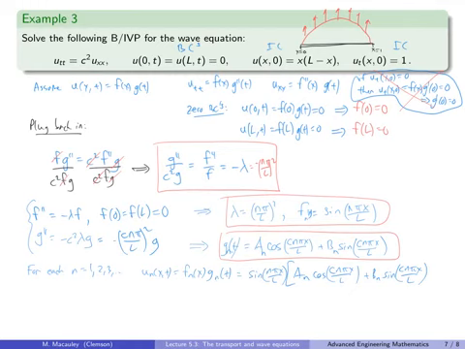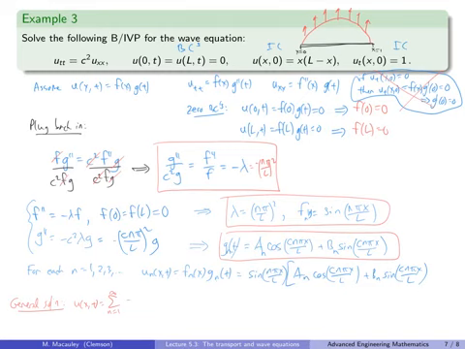So now our general solution is u(x,t) equals the infinite sum from n equals 1 to infinity of, so basically we want linear combinations of these solutions.